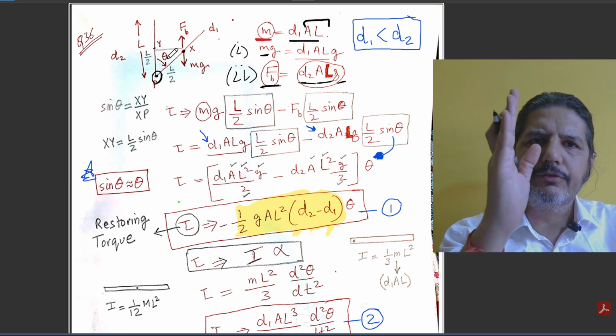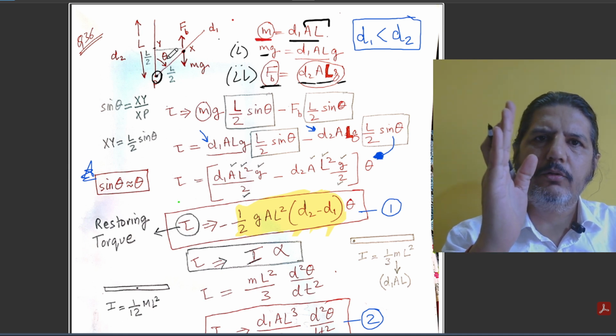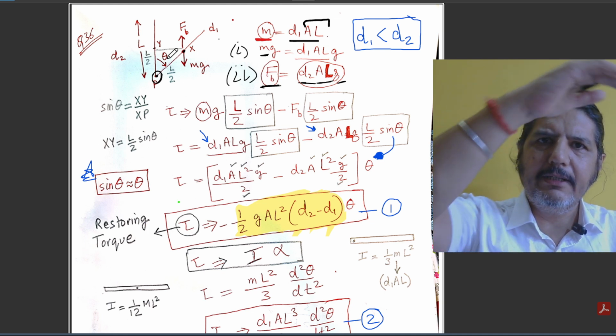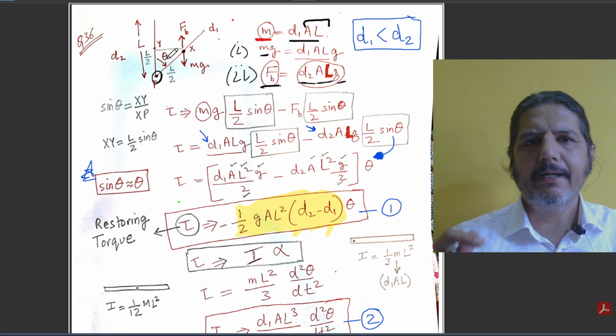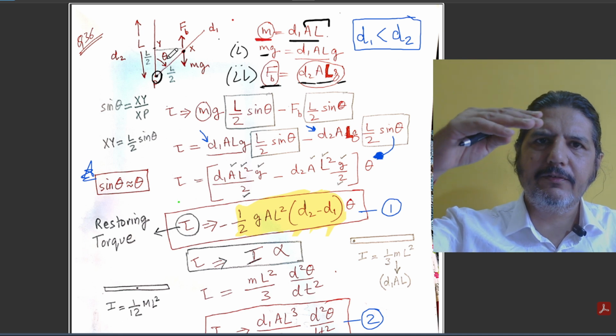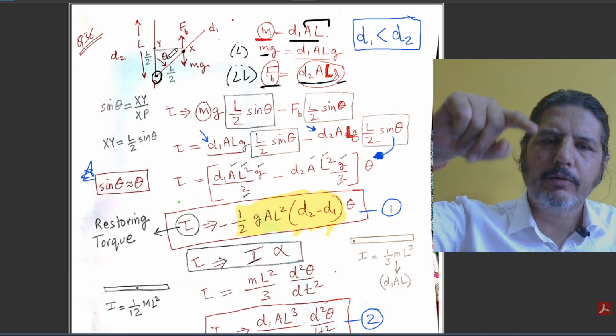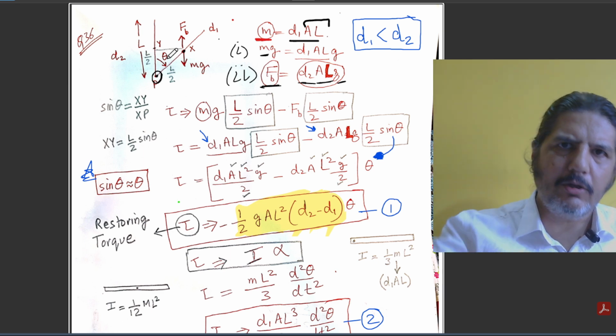The buoyant force is in the upward direction, so its moment would be in the anti-clockwise direction, and the weight of the rod is in the downward direction, so the moment due to the weight would be in the clockwise direction.